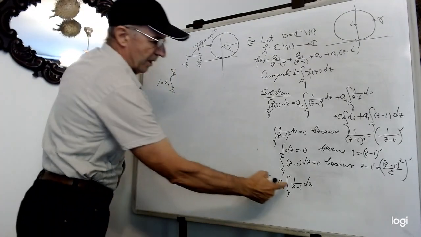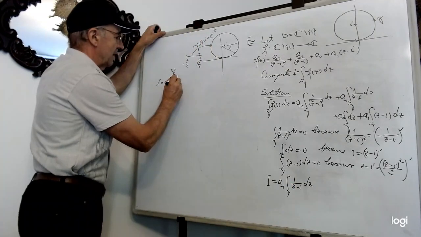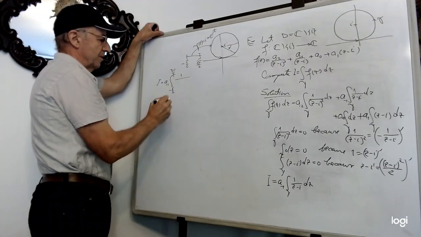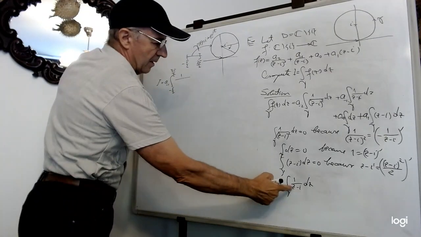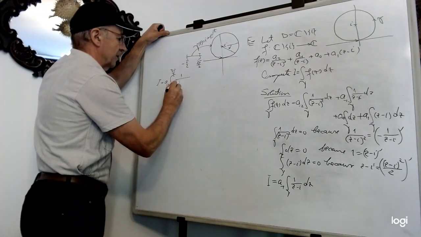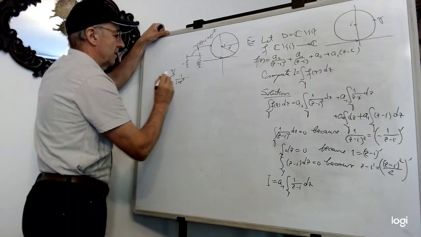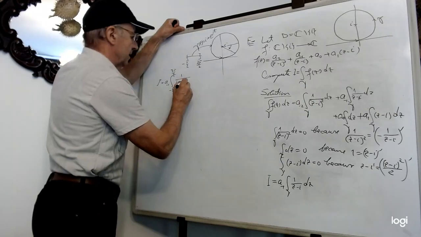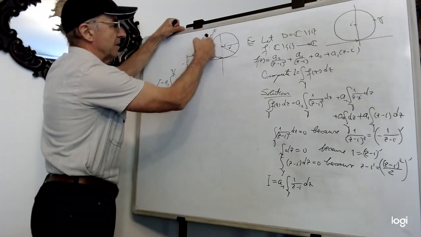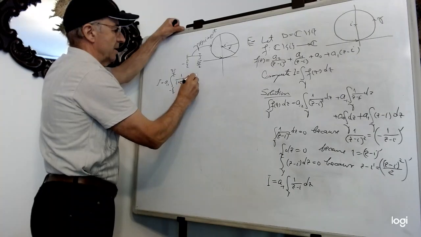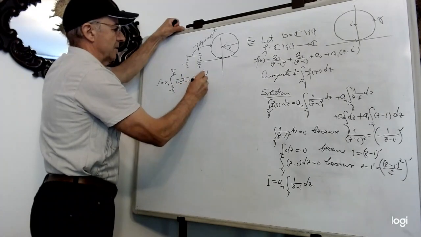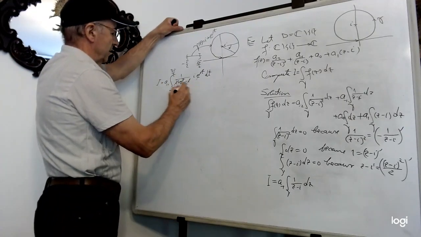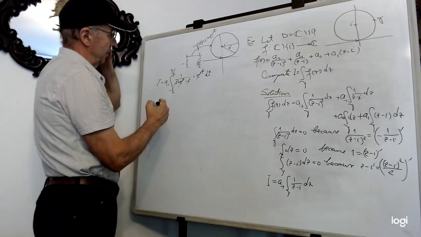And we have here to substitute into the definition: instead of z we put i plus exponential of i t, and we have minus i times the derivative of gamma, which is i exponential of i t dt. These cancel, we can simplify, and the length of the interval is 2 pi.